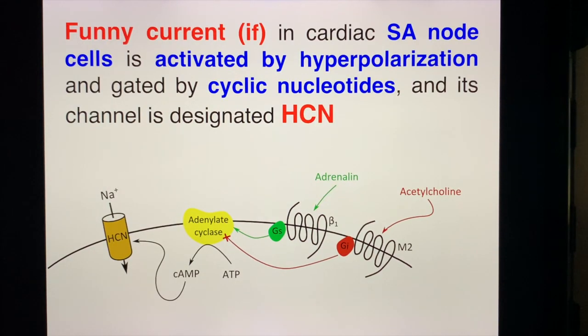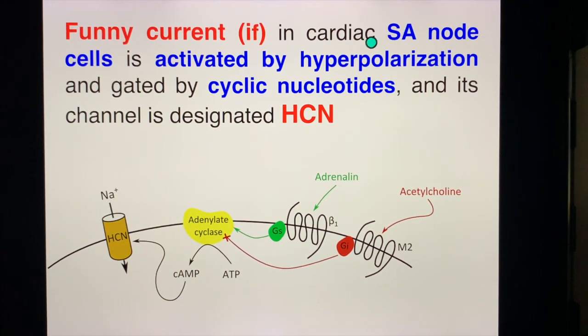Now, memorize this. This is found in your Berne and Levy textbook of physiology. This should show up in the exams. In the cardiac SA node cells, there is a specific and unique channel known as the IF, or the funny current. Some textbooks call this the funny channels. So again, where do you find the funny current or the funny channels?